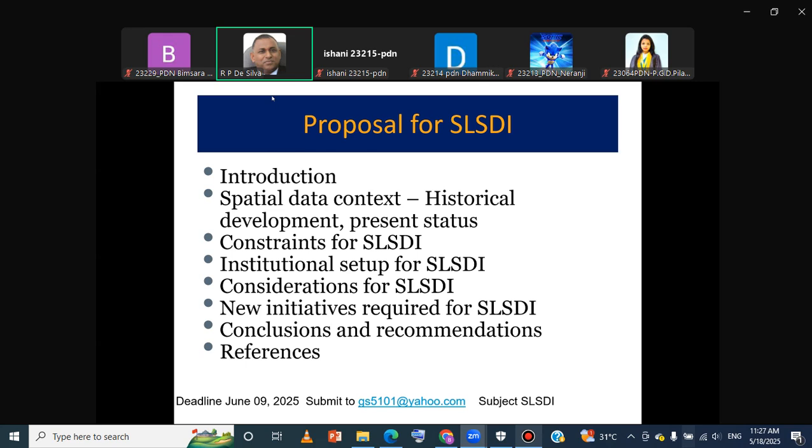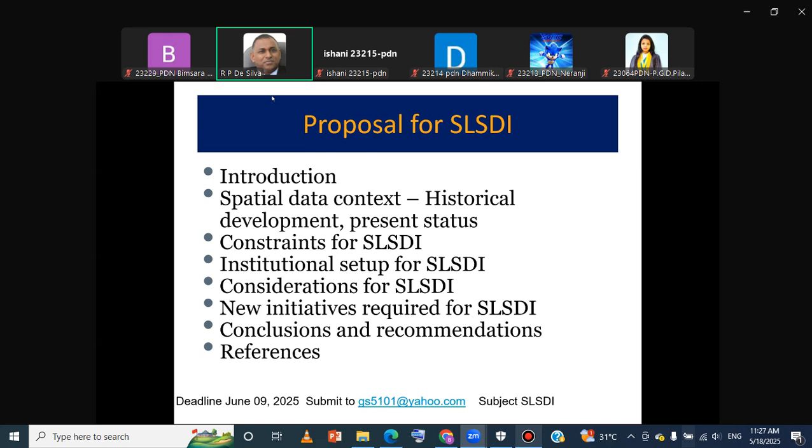You don't need to put your index number or anything under the subject column. That you can put inside the proposal. Just mail it to gs5101@yahoo.com, put the subject SLSDI and your proposal. You can use internet resources, but don't use ChatGPT because it will not have the proper background knowledge to produce such information.